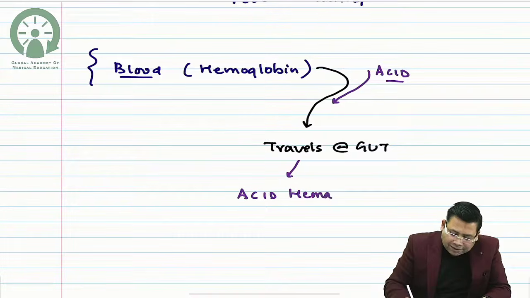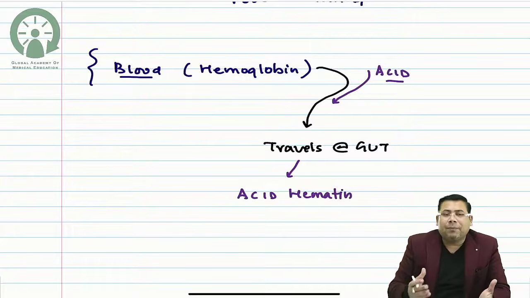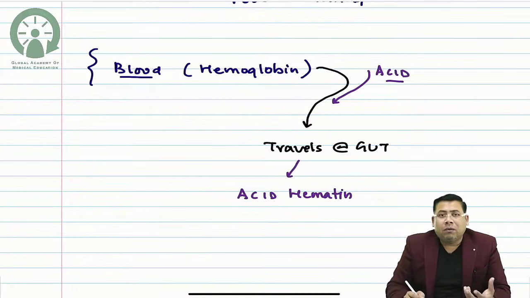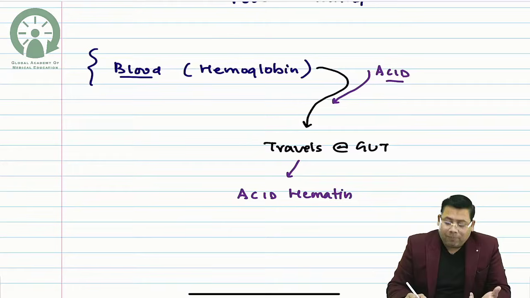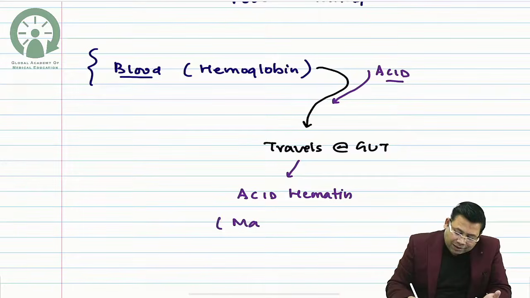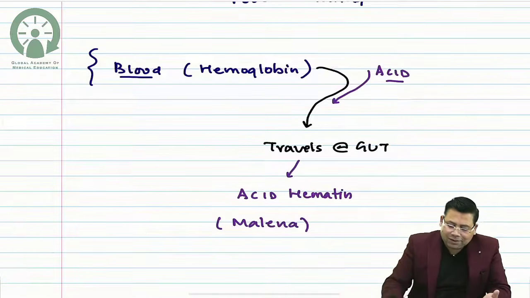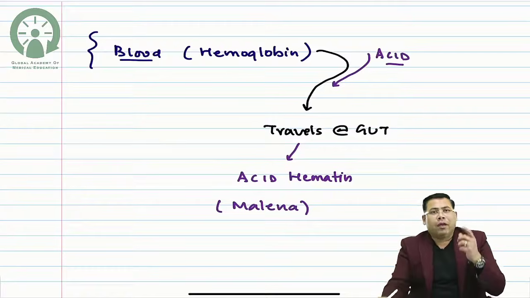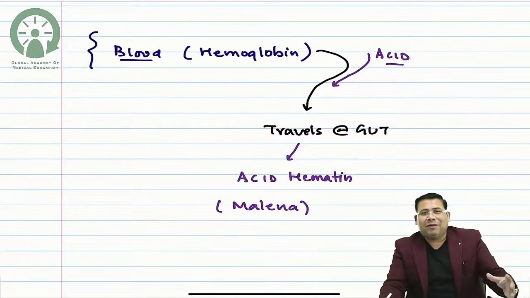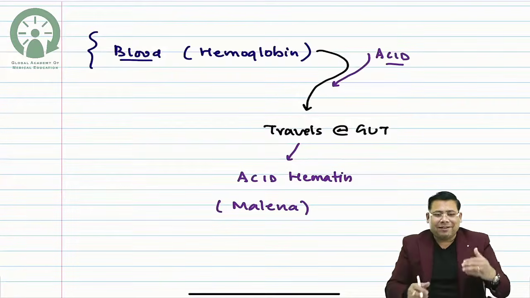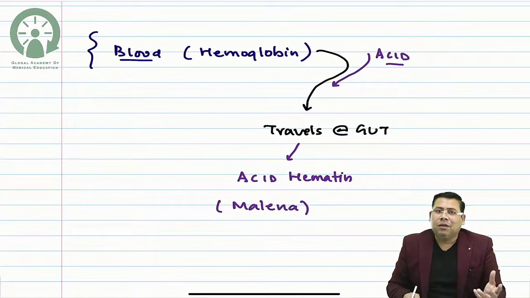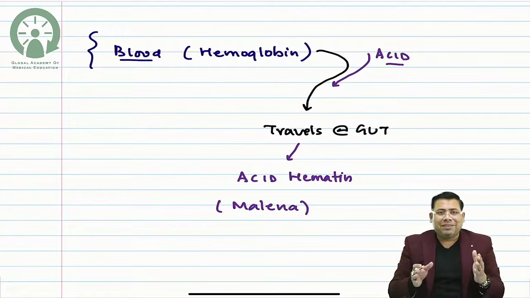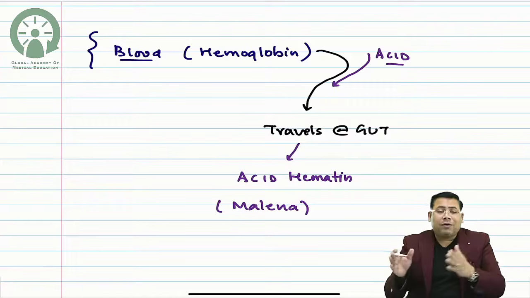This acid hematin gives you the typical coffee brown, or reddish black, melena like consistency. If acid is there, it needs time for interaction and conversion into black tarry stool, and this is only possible in upper GI bleed when you have a long transit time.